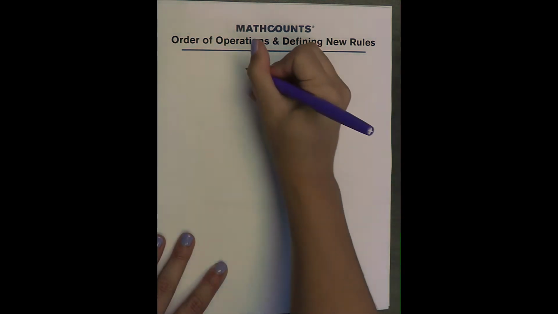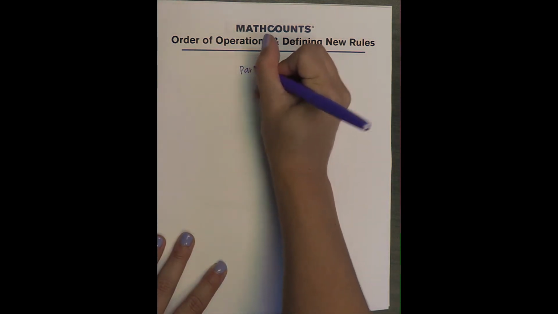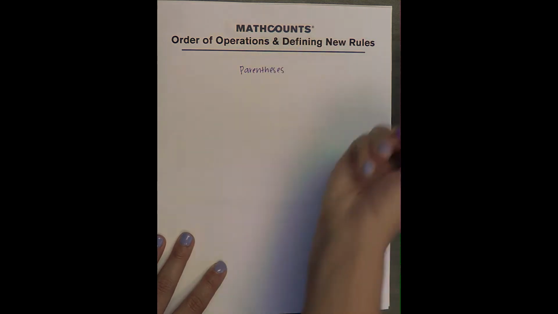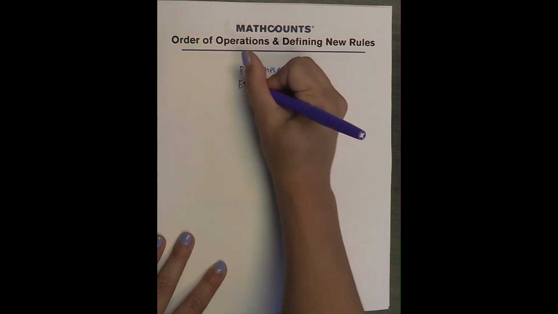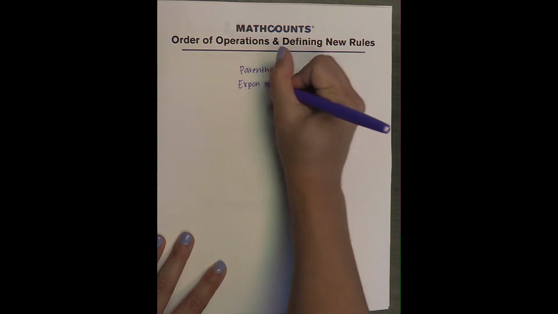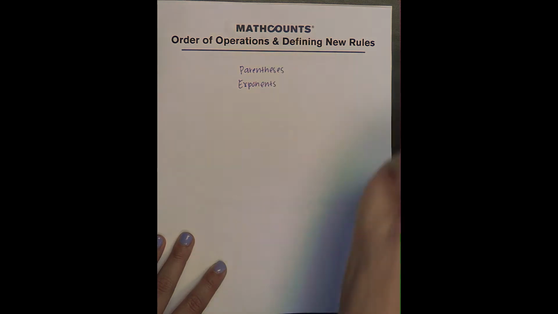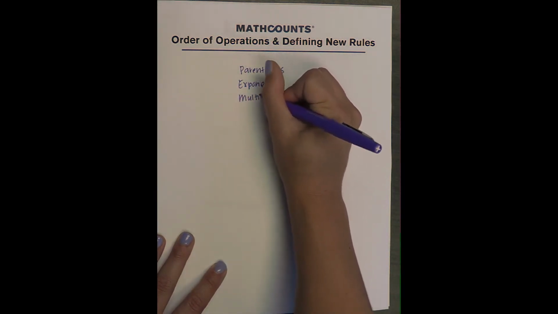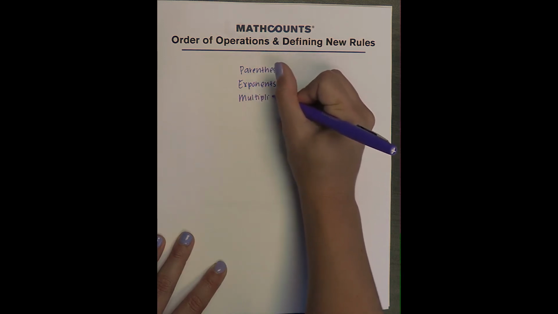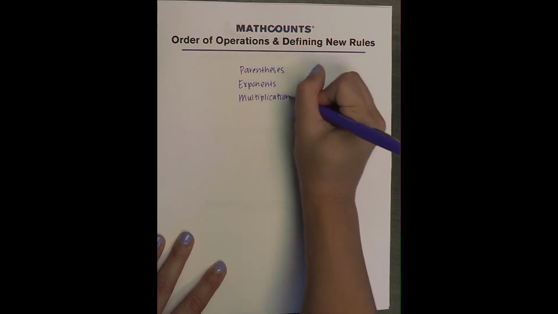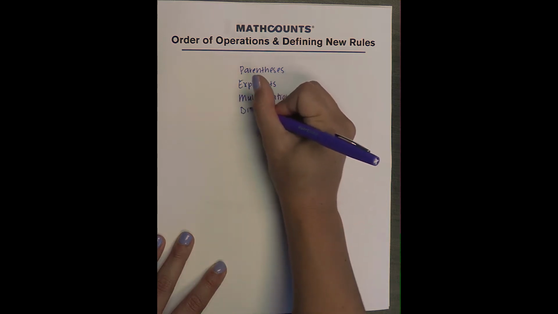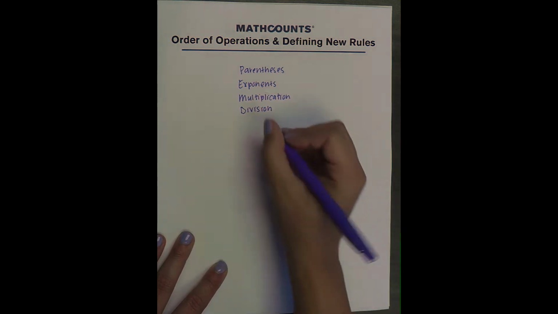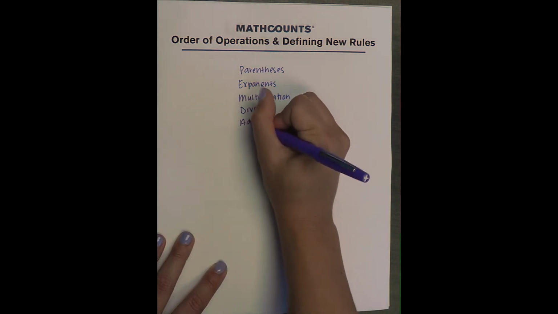The order is parentheses first, followed by exponents, then multiplication or division, and then ending with either addition or subtraction.